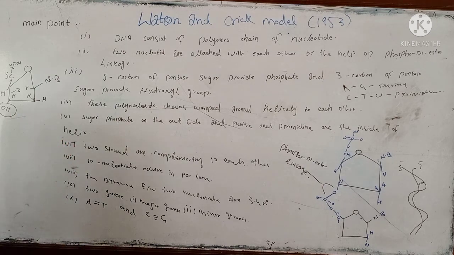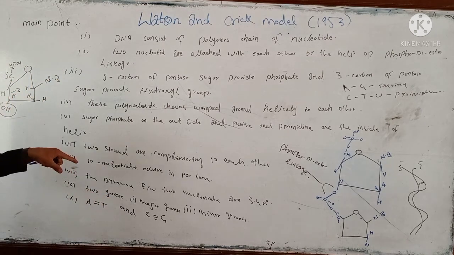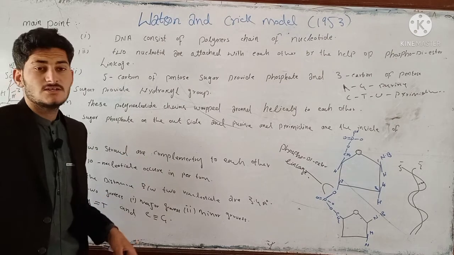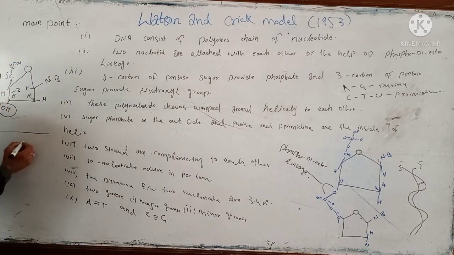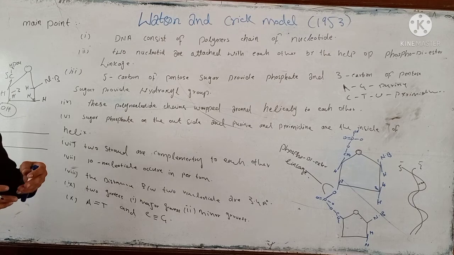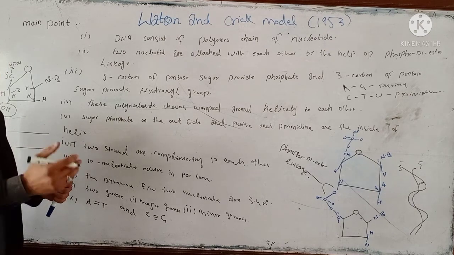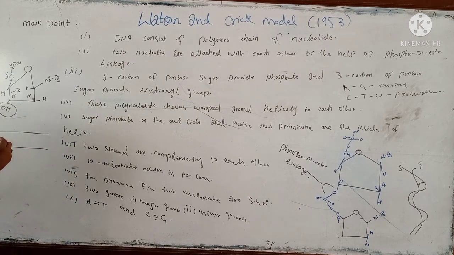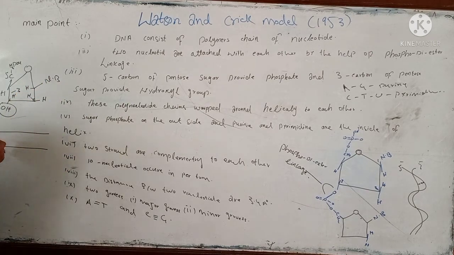Now coming to the sixth point: the two strands are complementary to each other. This is one strand of the DNA molecule, and this is the other strand. We know that DNA is found as a two polynucleotide strand structure. Watson says that the two strands are complementary to each other.